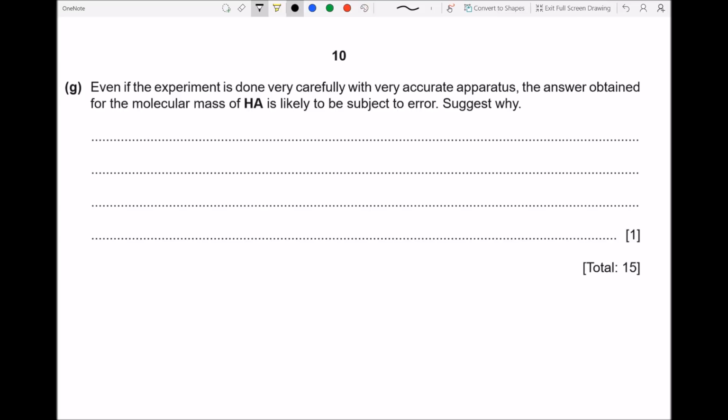Also, you can say that perhaps we made that assumption, remember, that the concentration of H plus equals the concentration of A minus. That's an assumption we're making. In reality, that might not be quite the case. It might be very similar, but not exactly the same. And so therefore, that might knock our answer out as well. So anything like that, I'll write them 3 down anyway, so you've got a visual reminder.